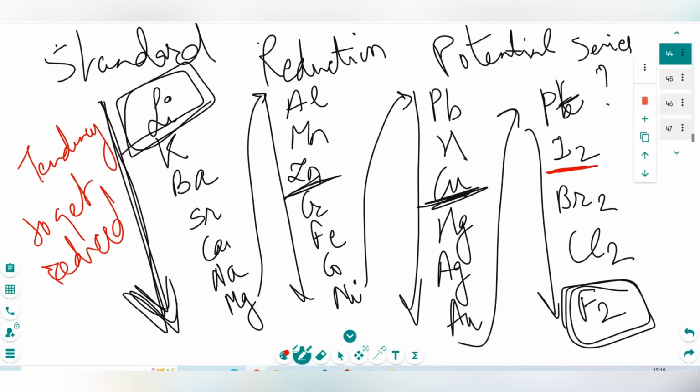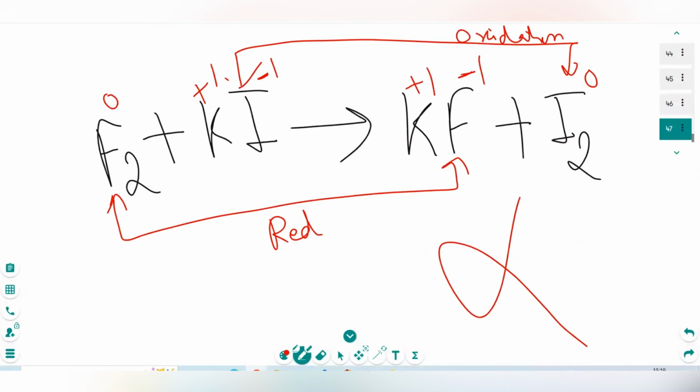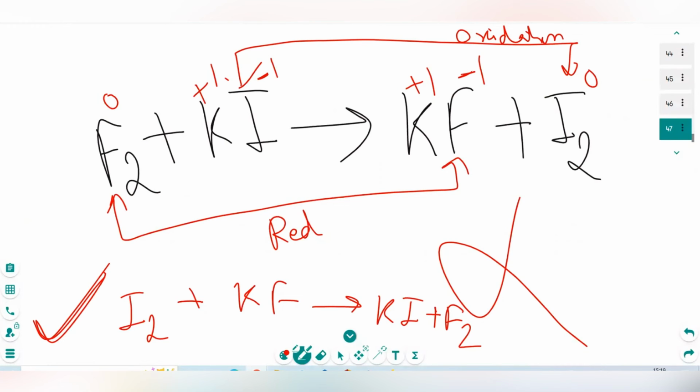Iodine is above and fluorine is below. Obviously, this reaction won't happen. But if it was the other way, I2 plus KF will give you KI plus F2, then this reaction will happen.